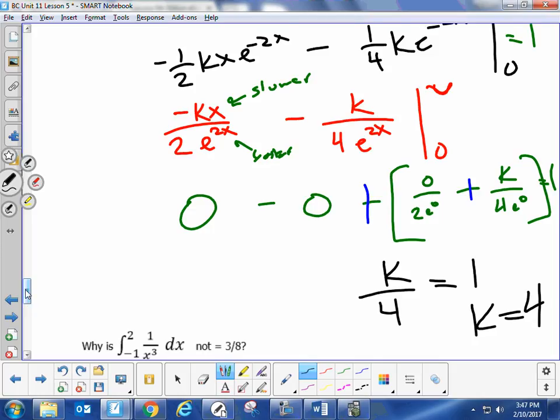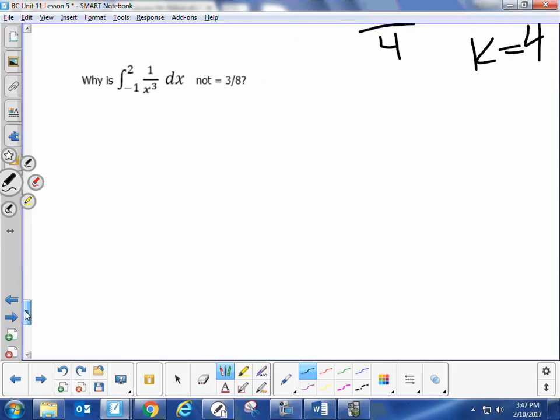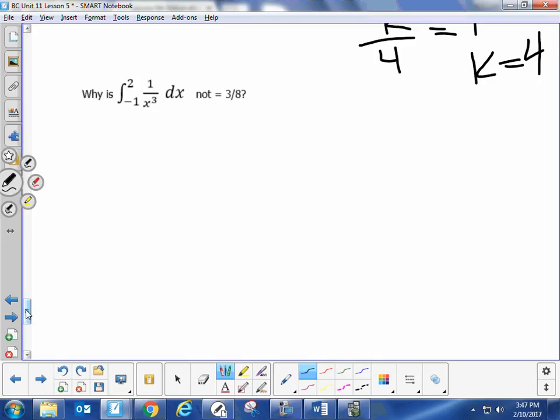Now you will sometimes see a question like this guy. Usually it's not this obvious. Sometimes it will be this obvious. You say, why is this not 3/8? Well, go ahead and use the fundamental theorem of calculus, and you'd see that the fundamental theorem of calculus would tell you that it would be 3/8, but that's wrong. I'll show you that real quick.